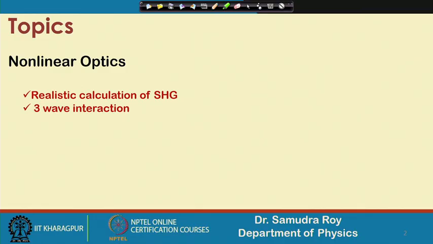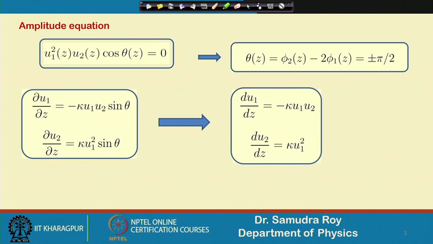So, we are going to take these issues into account in our next calculation, and this calculation is realistic in nature, because this is the case one can expect in terms of energy conservation. That is why it is called the realistic calculation of second harmonic generation. So, let us start with this.